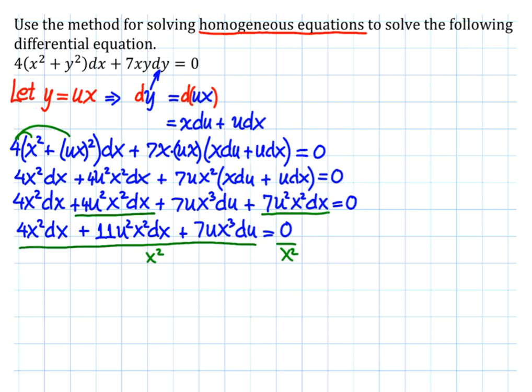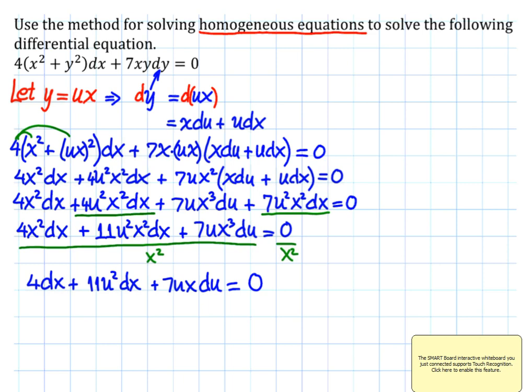So we will have 4 dx plus 11u squared dx plus 7ux du equal to 0. Right.